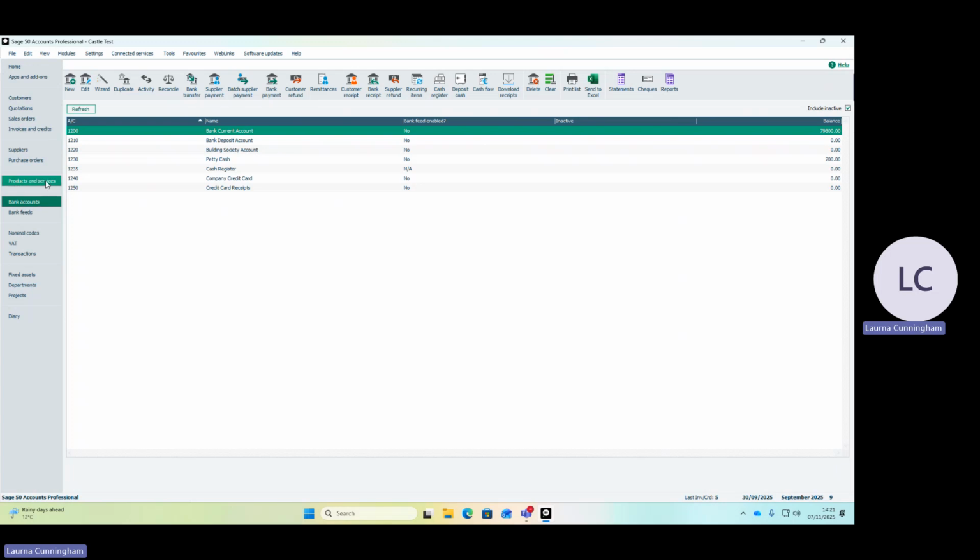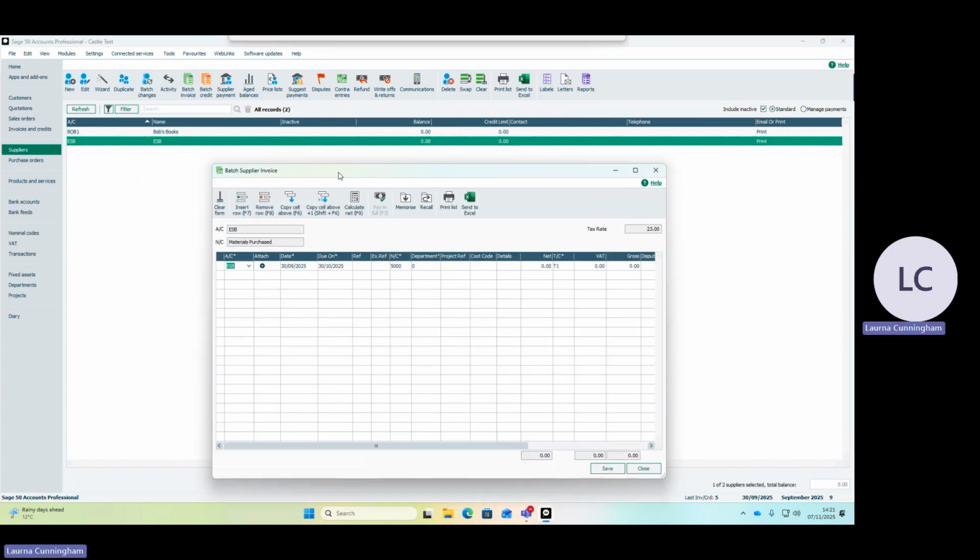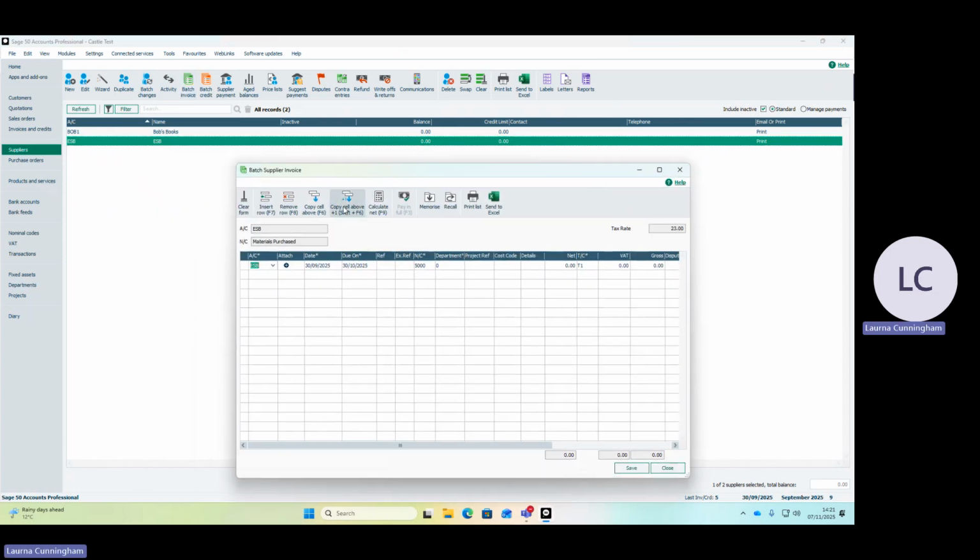To do that, we go in here into suppliers and we choose batch invoice. The difference is we're just entering them one after another on the screen.